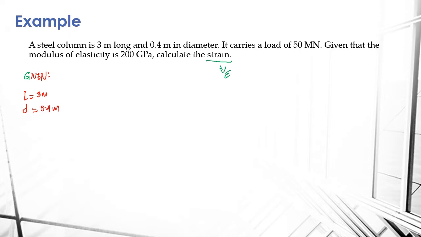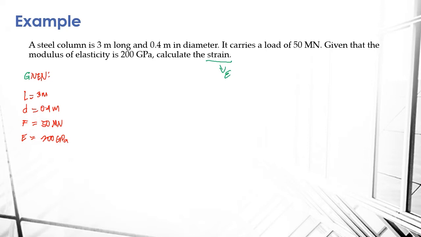Naa pa siya gihatag nga load, so ang force is equal to 50 meganewtons. Given that the modulus of elasticity or ang E niya or ang Young's modulus is equal to 200 gigapascal. Calculate the strain.